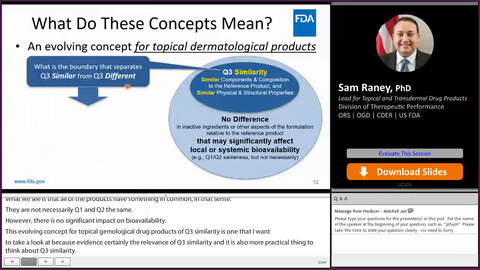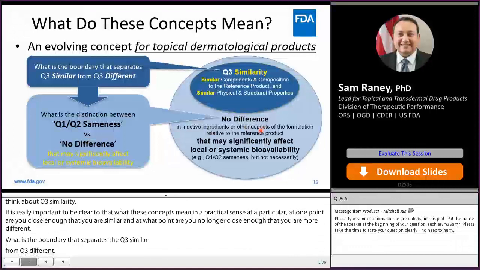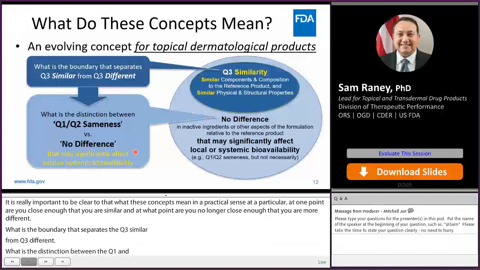And a related question is, what is the distinction between the Q1, Q2 sameness standard and the no difference standard that we've talked about, where it would be no difference that significantly affects local or systemic bioavailability? I want to take a few minutes just to hone in on these pieces.